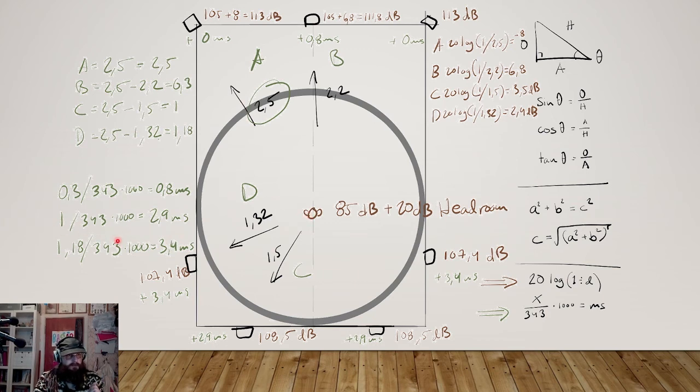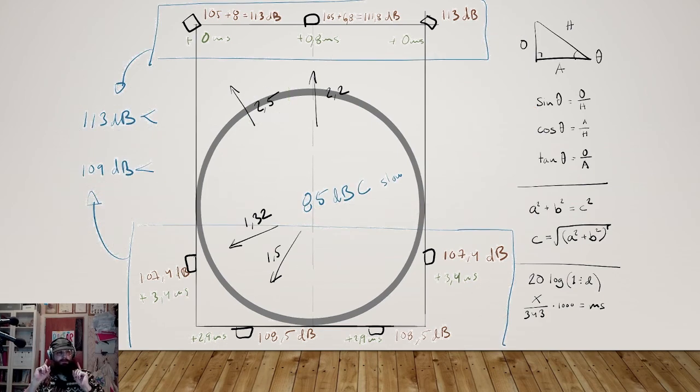Let's do the same for the others. 1 divided by 343 times 1000 is 2.9 millisecond. And 1.18 divided by 343 times 1000 equals 3.4 millisecond. And then we have calculated the dB loss and the time delay for all speakers.